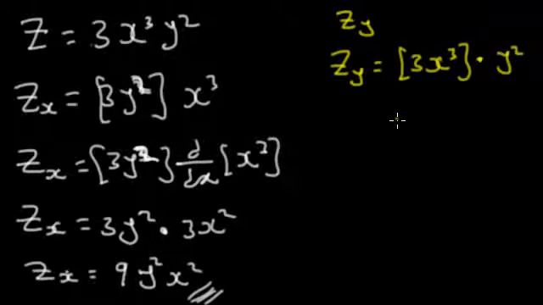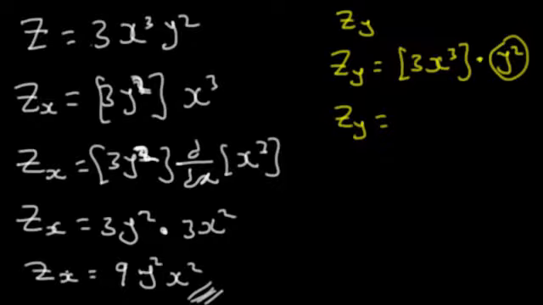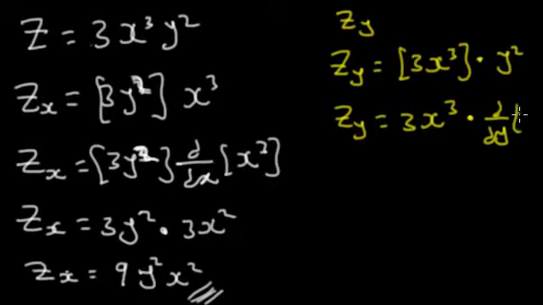So having mentally bracketed the x terms along with the coefficients, we can now have z sub y equal to, basically we want to differentiate y squared with respect to y. Then we have 3x cubed times d dy of y squared. Perfect.